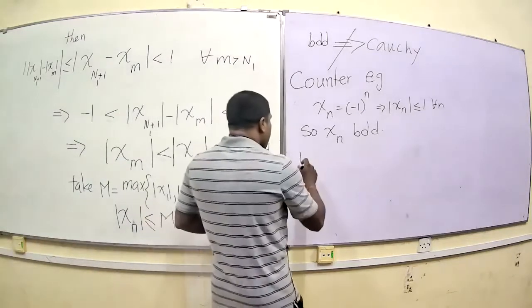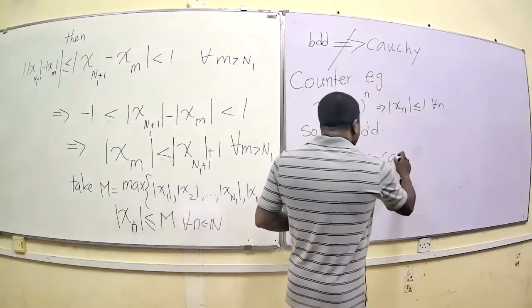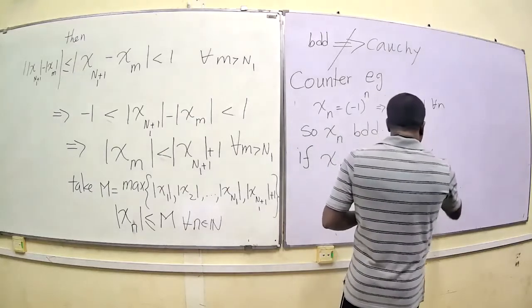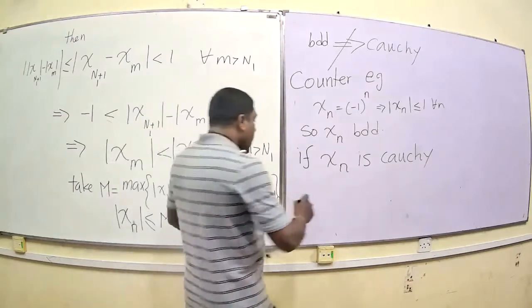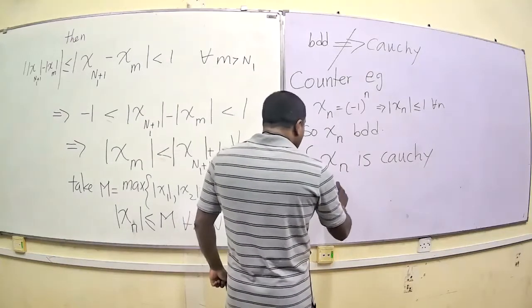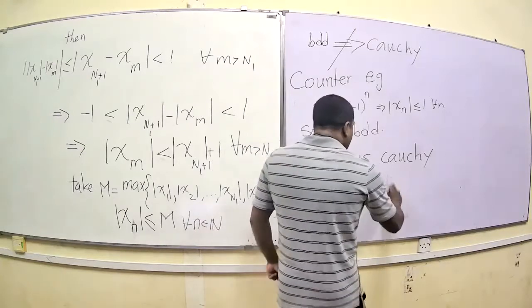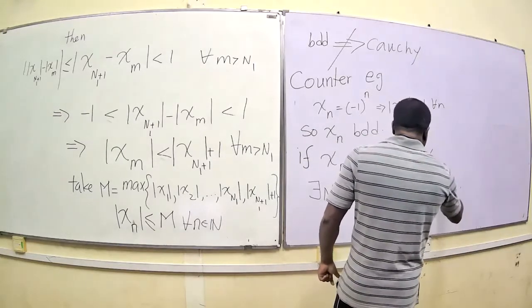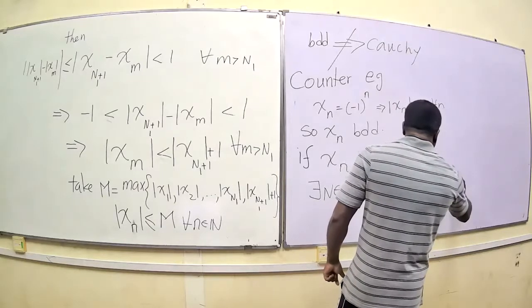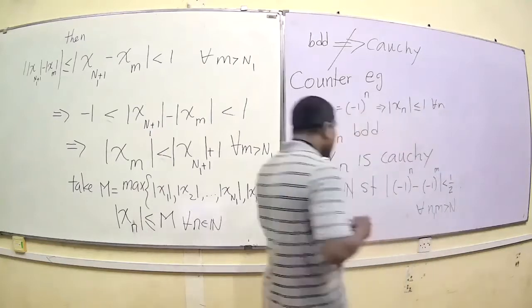So if xn is Cauchy, then there exists N belonging to the natural numbers such that |(-1)^n - (-1)^m| is less than half for all m, n greater than N. Right?